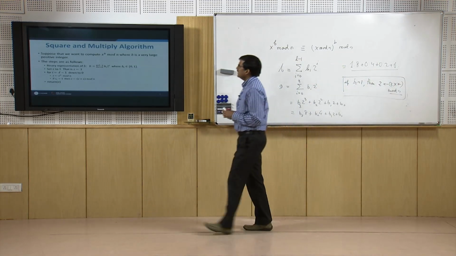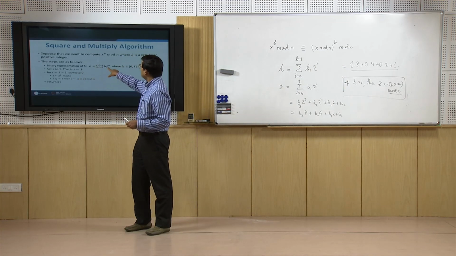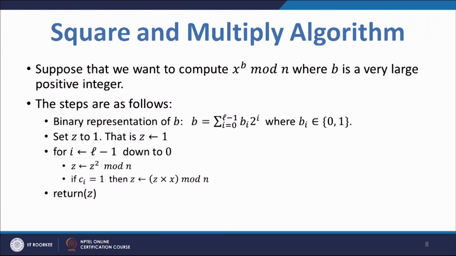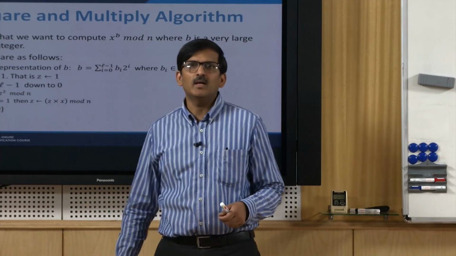What I am doing here is that whenever I am checking this, the i corresponds to the loop variable, whatever i is set to, and if this is 1, I multiply x to z and store z over here and keep on going into the loop down to 0. When I come to 0, I end there, and that z is my number.